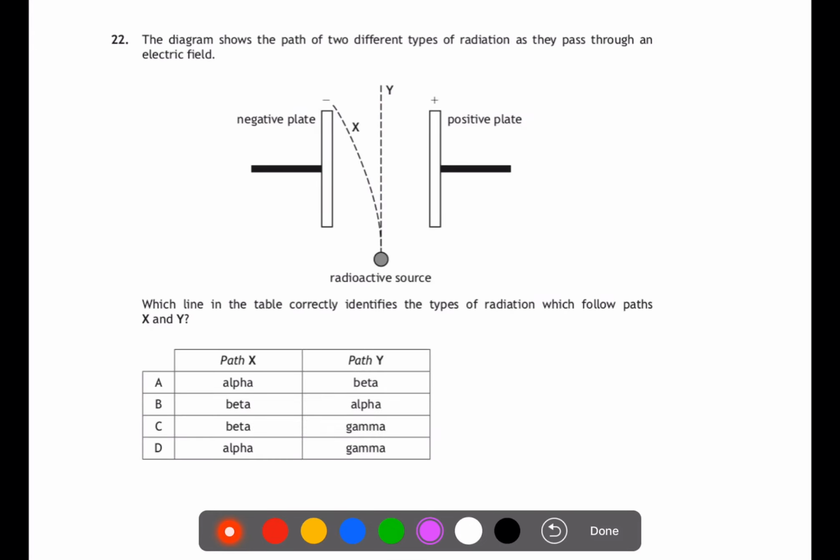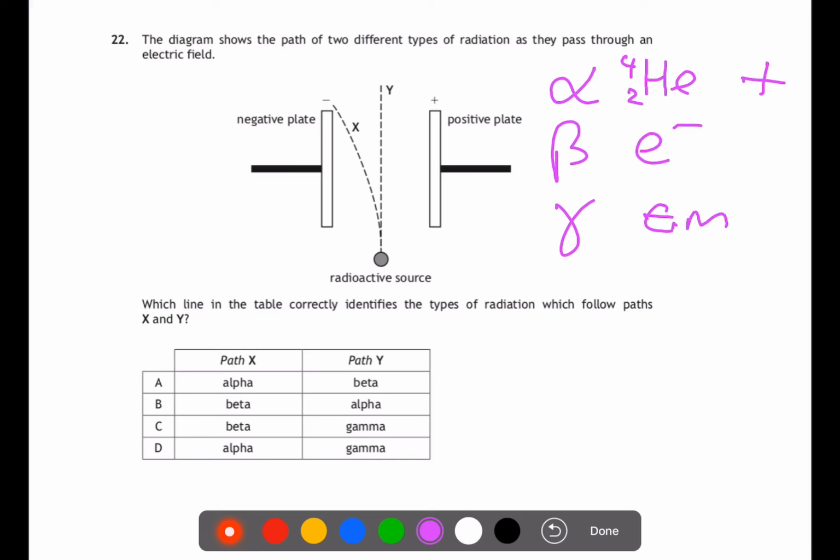Question 22. The diagram shows the path of two different types of radiation as they pass through an electric field. Which line in the table correctly identifies the types of radiation? So we have three types of radiation: alpha, beta and gamma. Alpha is the nucleus of a helium atom and has a positive charge. Beta is an electron, and gamma is electromagnetic radiation.